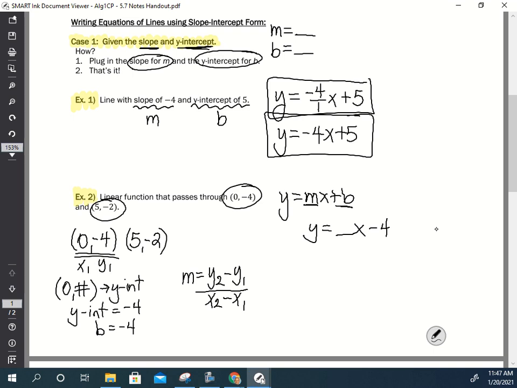So label your points. Negative 2 minus negative 4, divided by 5 minus 0. What's our slope? Two over 5. Excellent. Negative 2 minus negative 4 is 2, 5 minus 0 is 5. 2 over 5 can't be reduced.